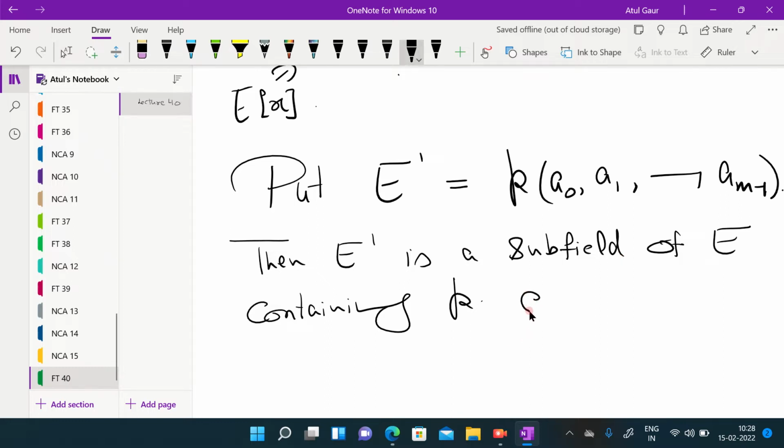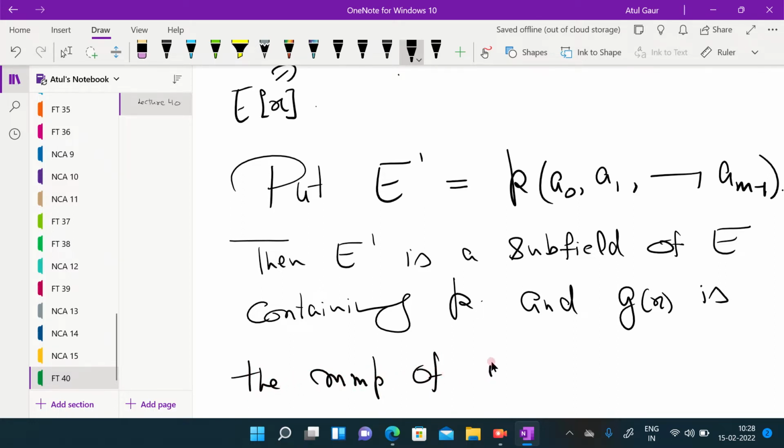Is that fine? Yes, sir. So g(x) is the MMP of theta over E' too.